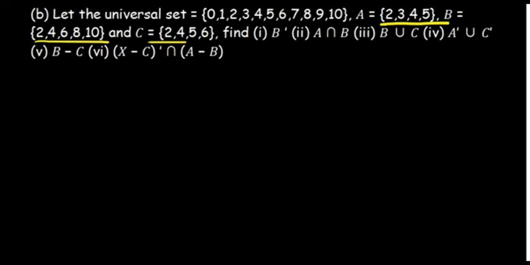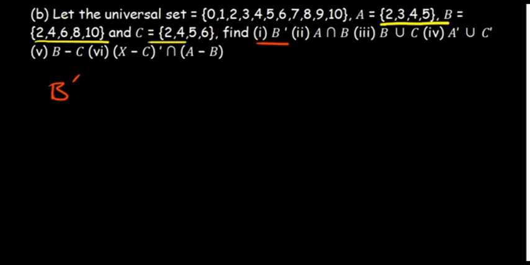So the first part of the question is asking us to list B complement. I've seen some students who come up with a Venn diagram when they are given such a question. That's very much okay. It helps to simplify your work, but I also don't see anything wrong with just going directly.